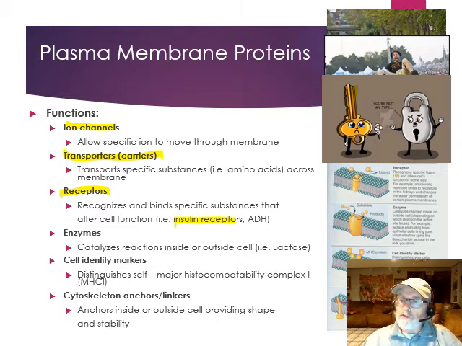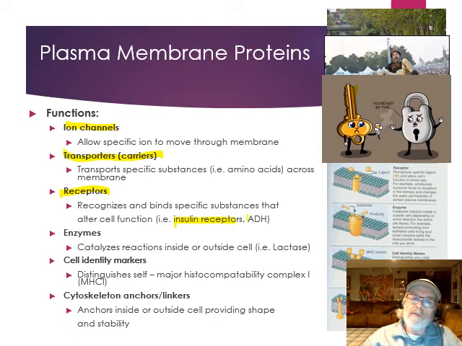On the surface of cells, there will be a receptor for insulin. Once that insulin binds to an insulin receptor, which is a protein on the surface of the cell, it allows a process by which glucose can go from the extracellular environment to the intracellular environment. So that's what we call a receptor.